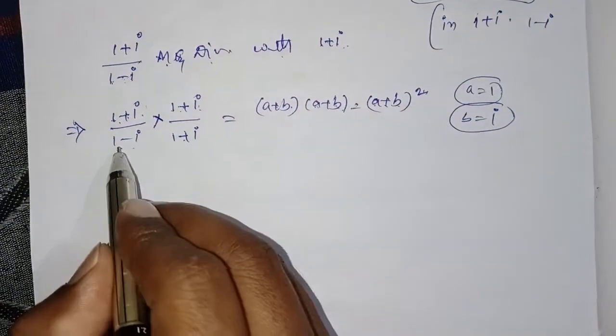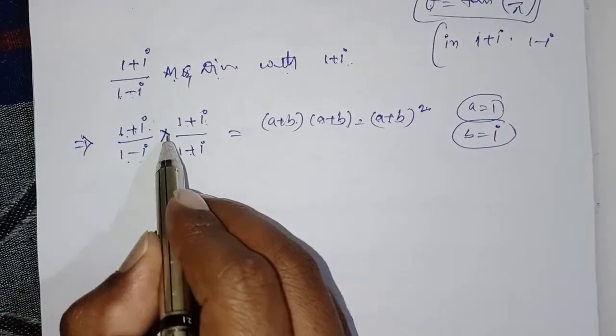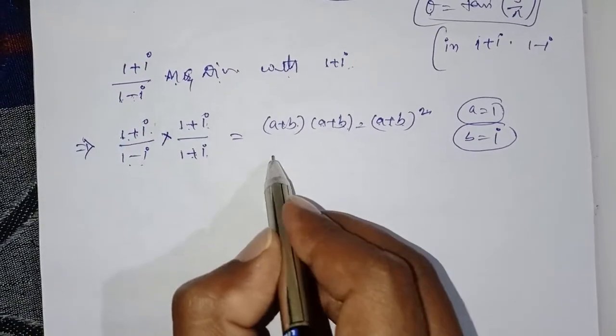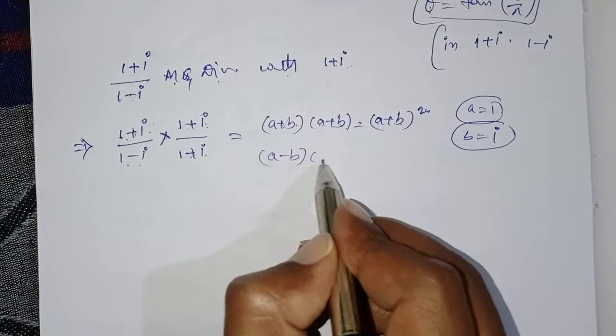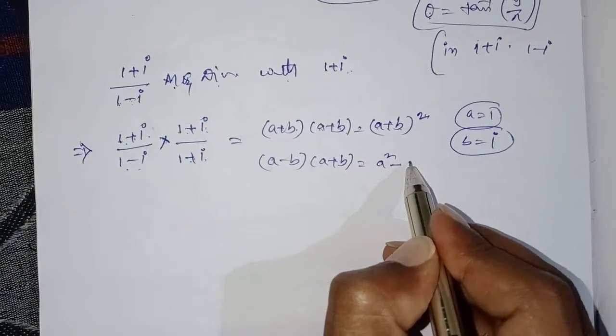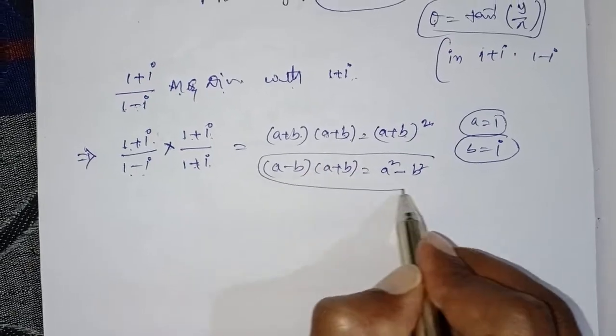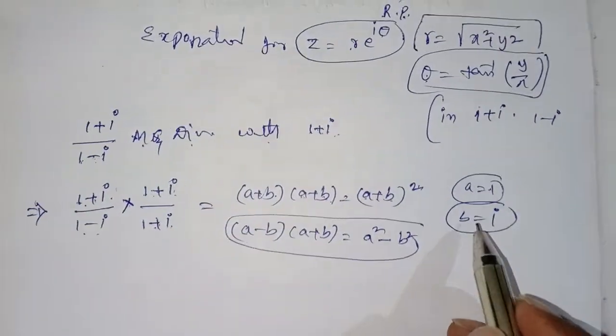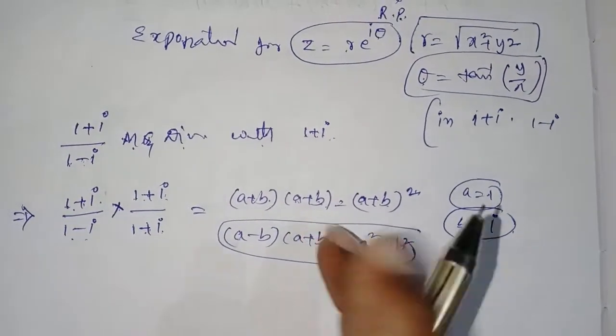Next, the denominator is in the form (a - b)(a + b). We know that (a - b)(a + b) is equal to a² - b². Here also a is equal to 1 and b is equal to i. Substitute in the formulas.